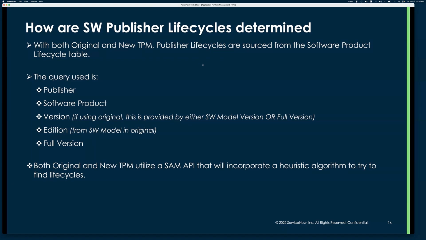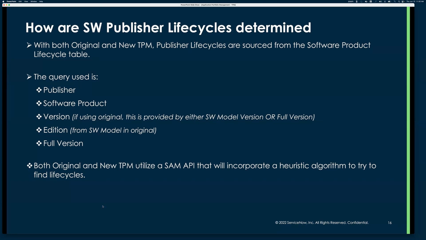What we have to do with software life cycles is we have to take the publisher, the software product, the version, and potentially the full version and the edition, and we use those elements to try to find a valid life cycle that represents what's been installed.